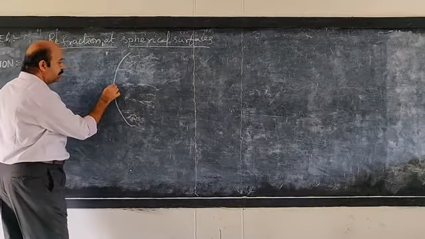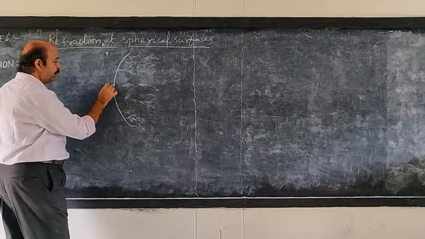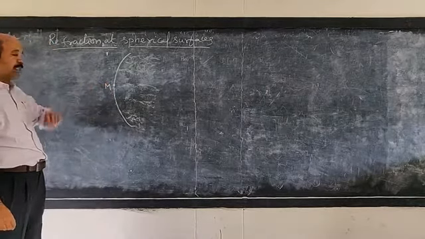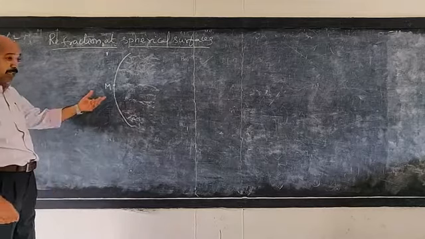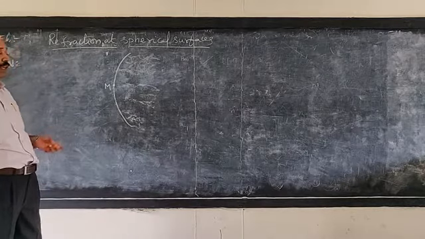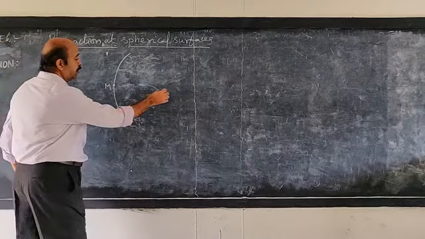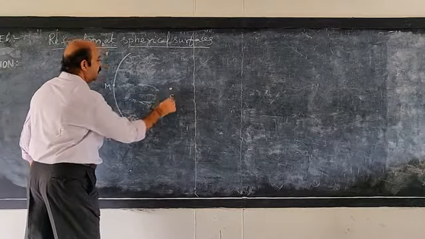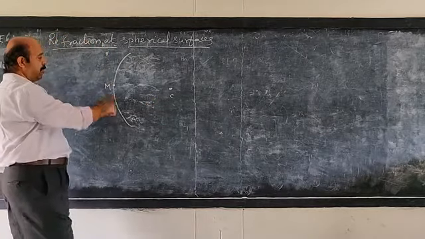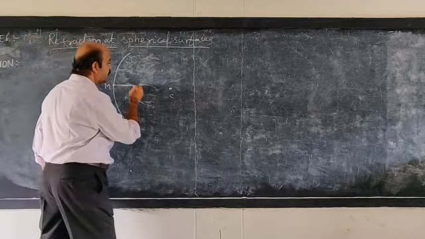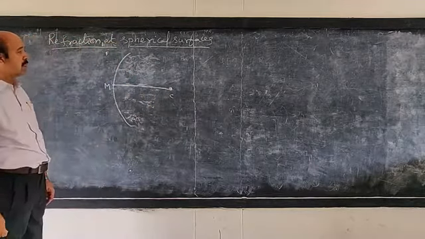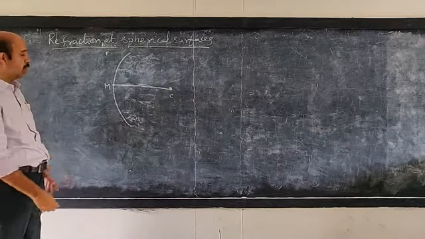Here is the point, the geometrical center of the surface, which we consider almost like the pole, as we discussed in the case of mirrors. Let us say C is the center of curvature of this curved surface. You know that the line joining these is the axis of the curved surface.